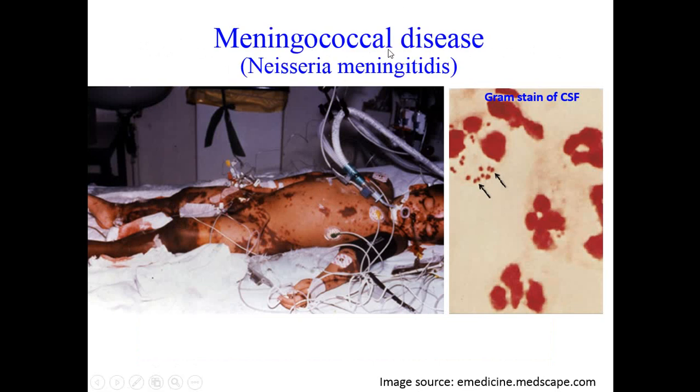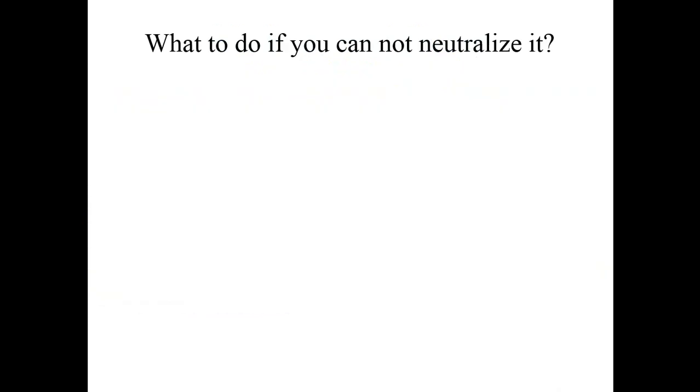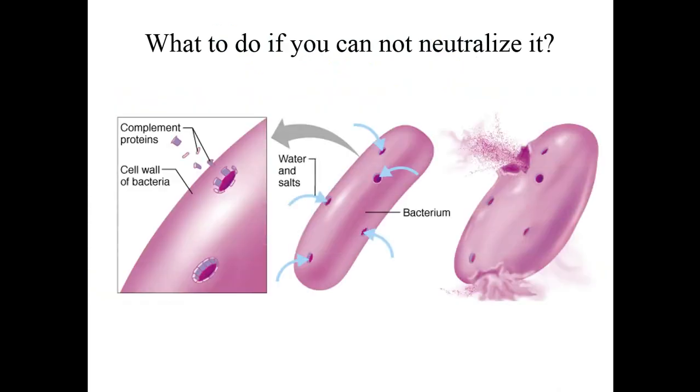It's a type of meningitis which happens after infection with a particular type of bacterium, and it's a very aggressive and fatal type of meningitis. It's caused by so-called Neisseria meningitidis. And Neisseria cannot be neutralized. They can be opsonized. Their opsonization is good, but it's not sufficient.